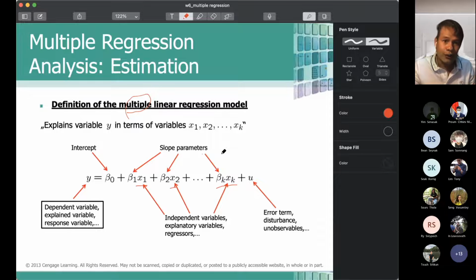Remember, class, for multiple linear regression, both the dependent and independent variables are measured in numerical form. So they are all numerical variables, either y, x1, x2, or xk. They are all in number.